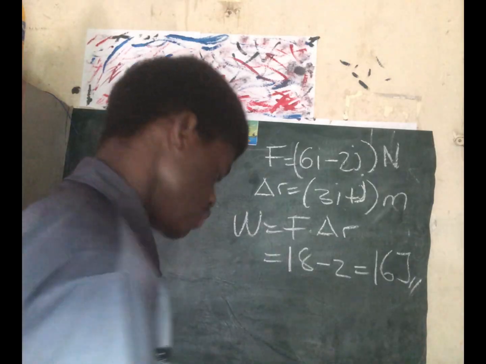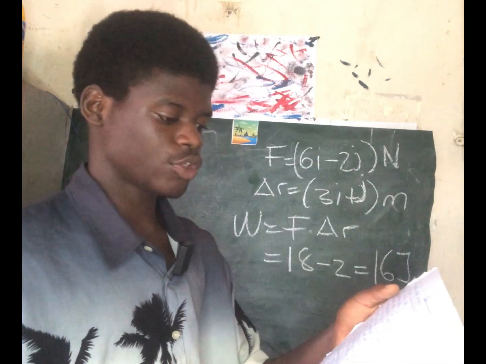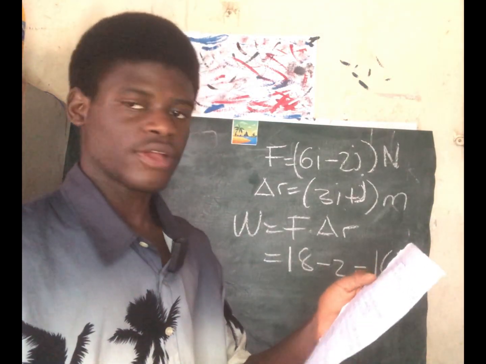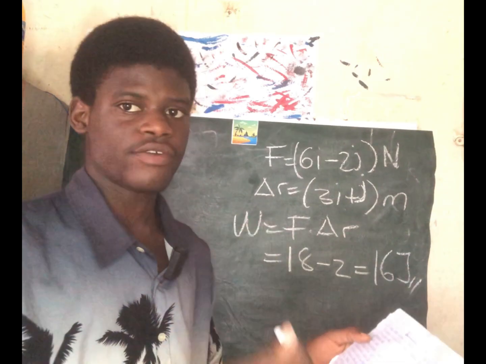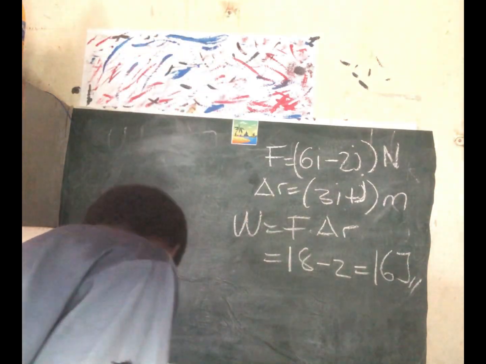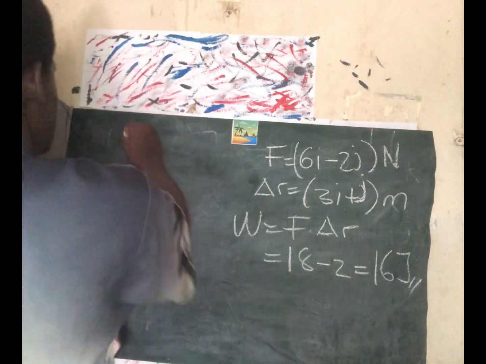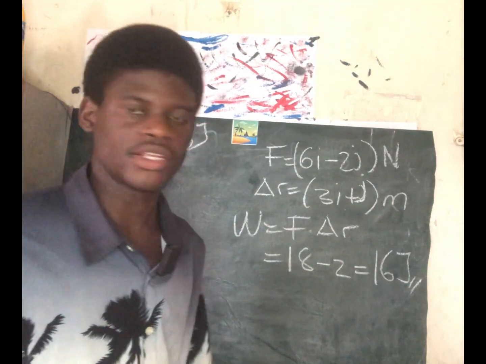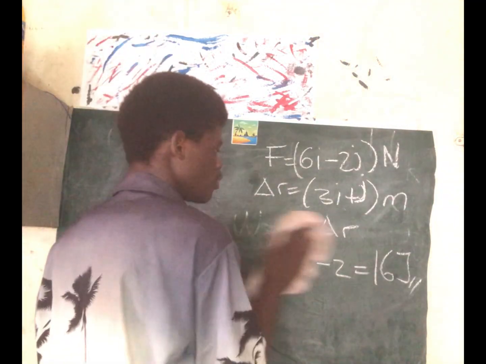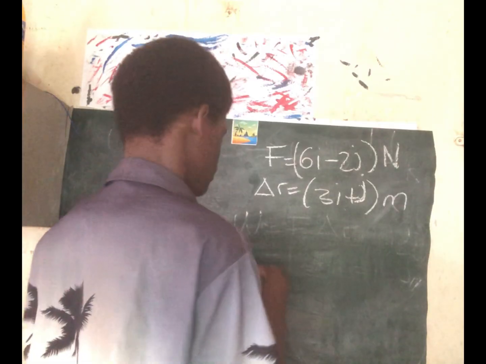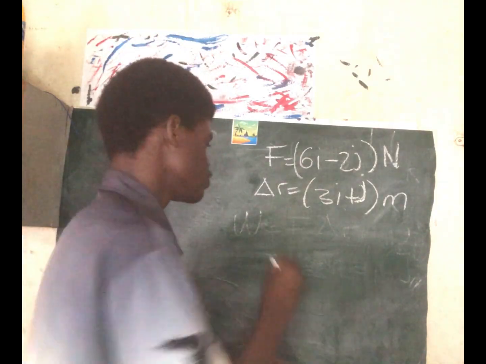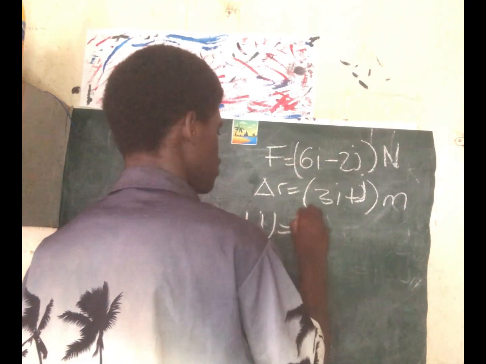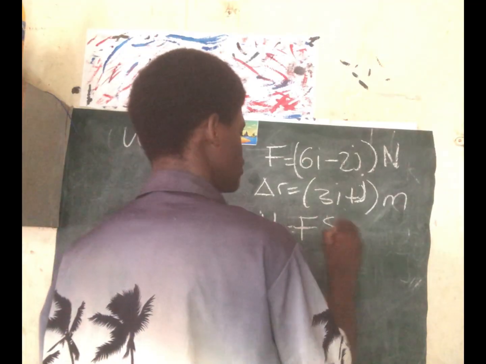Now question B says find the angle between F and change in r. So just write your 16 joule one side. We all know that to find the angle between F and change in r, we use this formula: W is equal to F S cos theta.